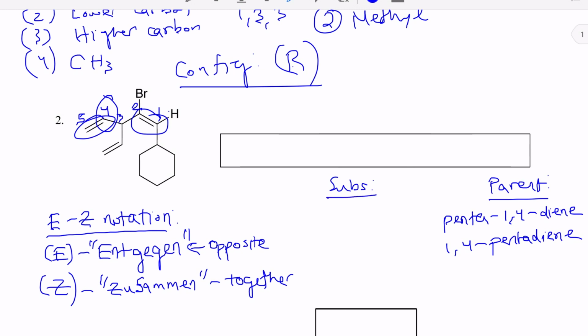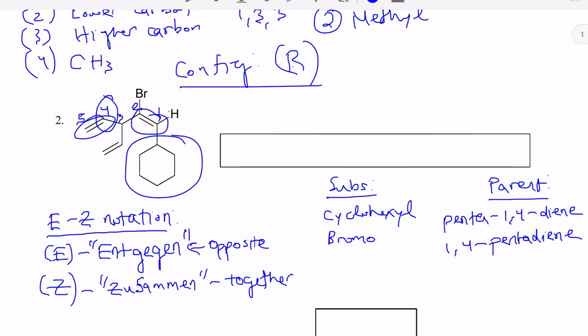The most conspicuous substituent, the one that just pops out right in front of you, is the cyclohexyl group. The cyclohexyl group is at the first carbon. The other substituent is the bromo substituent, or the bromine attached to carbon number 2.